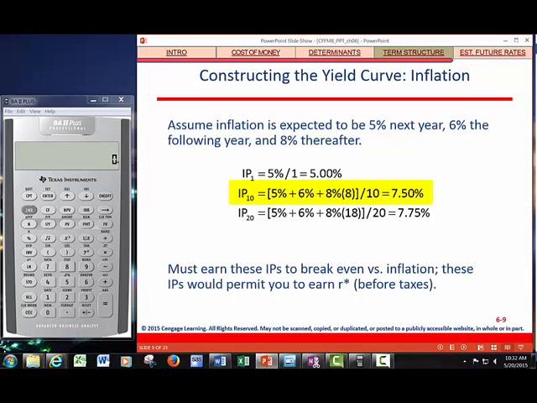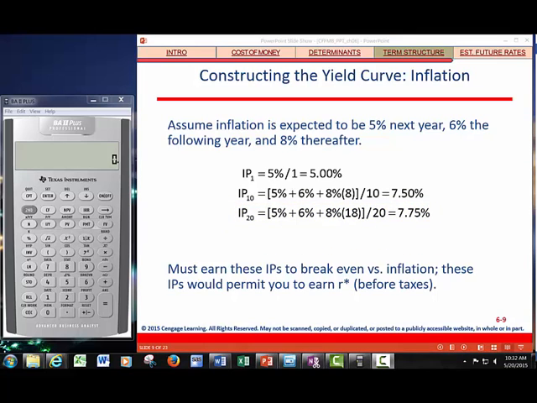So there's 8 years left, so 8% times 8, which is the same thing as adding 8% 8 times. This sum divided by 10 is equal to an inflation rate for 10 years of 7.5%. And then for the inflation rate for 20 years, we do the same thing except with an 18 here, take the average, and we get 7.75%.